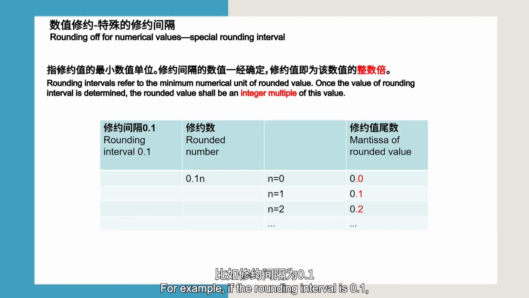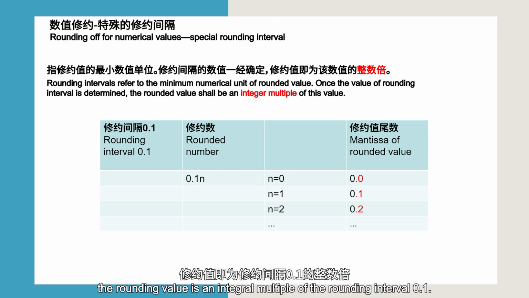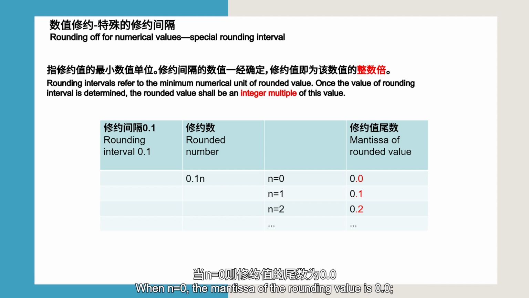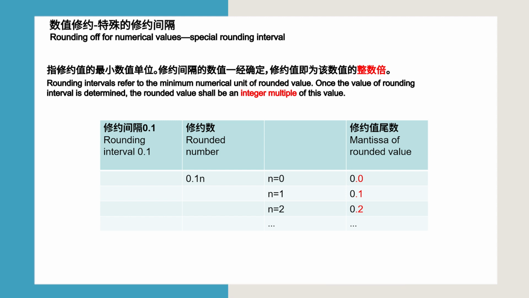For example, if the rounding interval is 0.1, the rounding value is an integral multiple of the rounding interval 0.1. When n equals 0, the mantissa of the rounding value is 0.0.